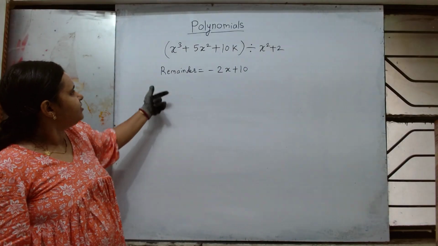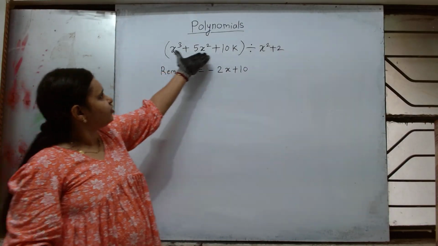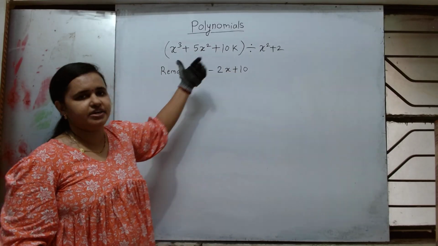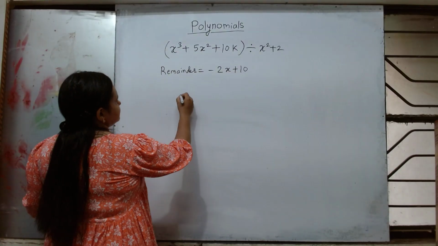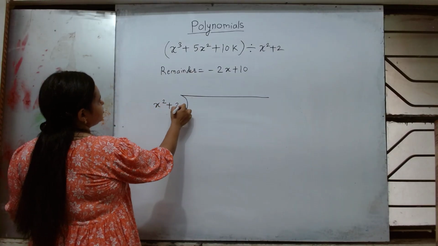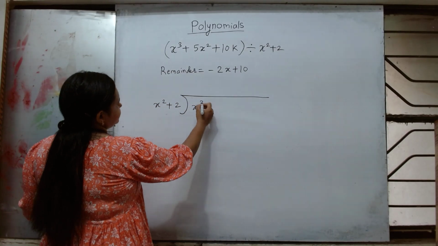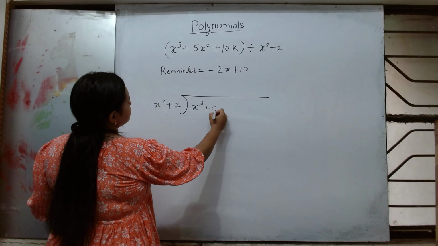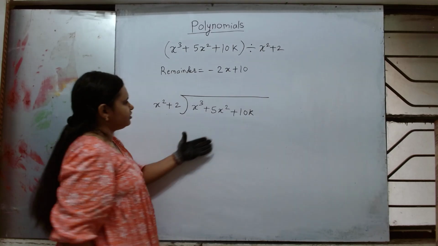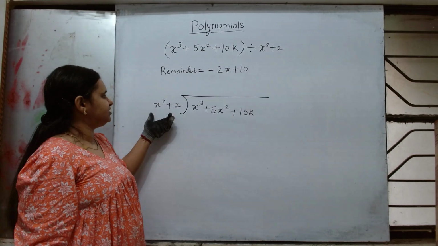So we have to divide these polynomials so we can get the remainder. The divisor is x square plus 2 and here we will write the dividend x cube plus 5x square plus 10k. We have to divide this polynomial with this polynomial.